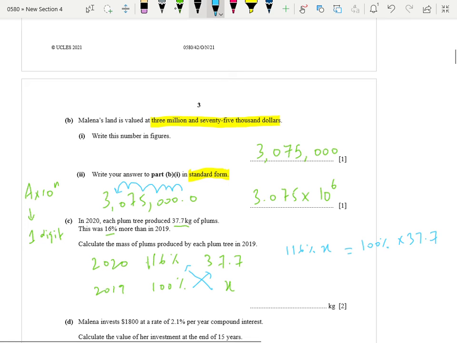Actually 100% is of no use because 100 over 100 would give you 1. So x would simply be 37.7 divided by 116%. You can put that on your calculator because you have an option of putting percentage there. So you get 32.5 kg.